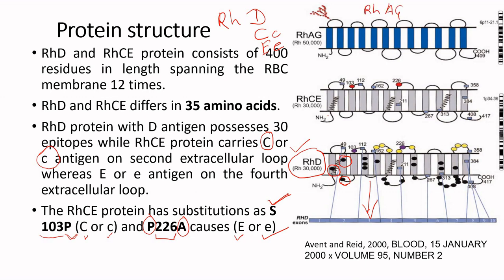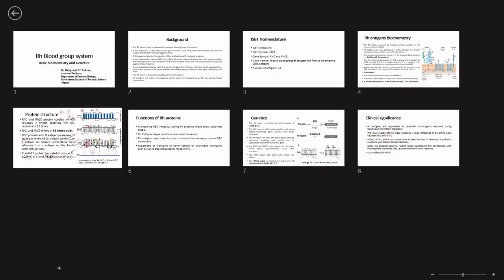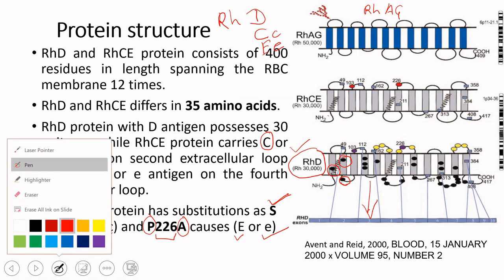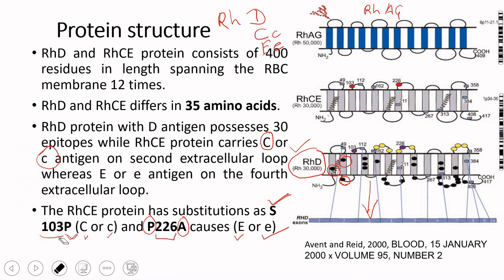These are the most common ones. The remaining 54 different antigens we are not going to discuss because they are not of much clinical significance. So this is regarding the protein structure and biochemistry of this particular RH antigen.